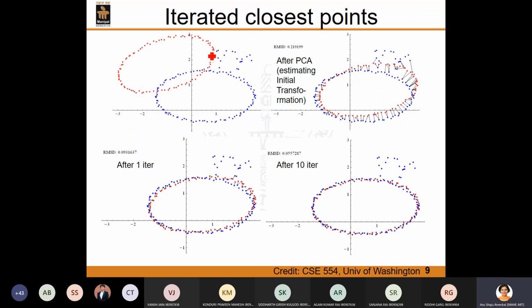Okay, so this is just an illustration of how the iterated closest points work. Let us assume that this set of red points that you see here is the source set, and the set of blue dots over here is the target set.